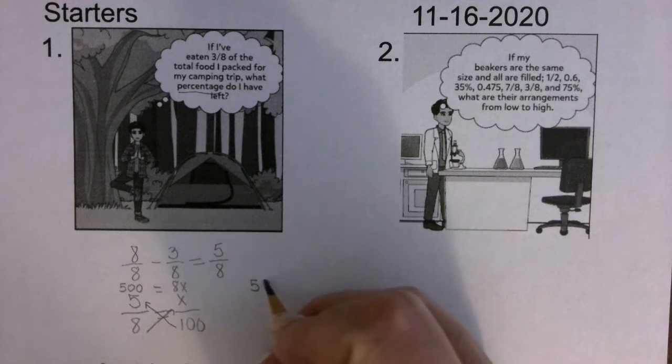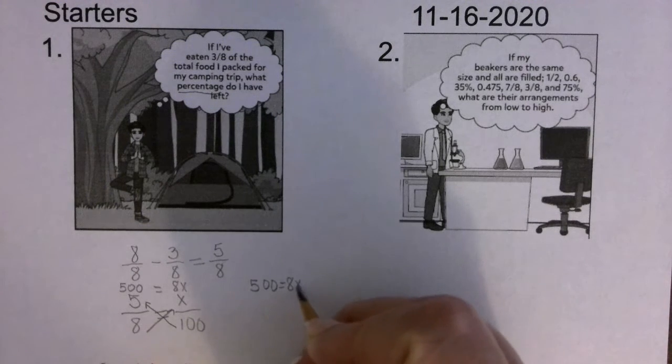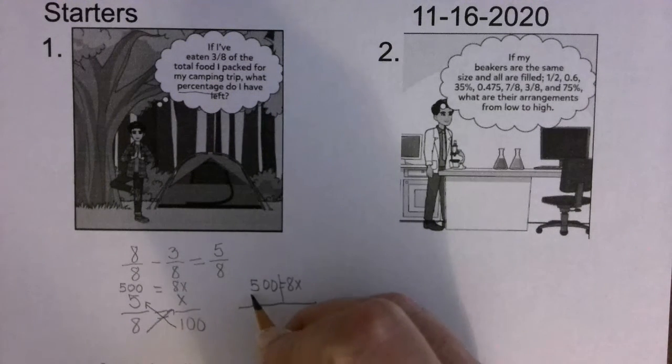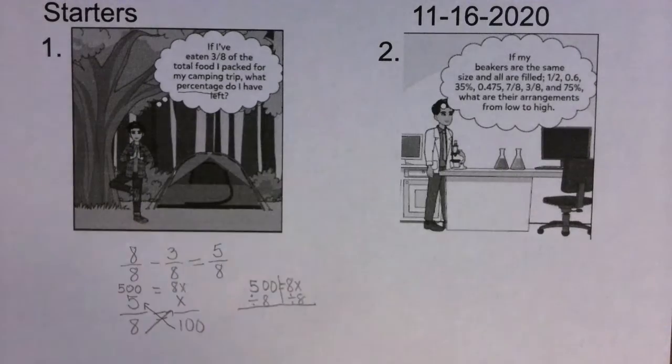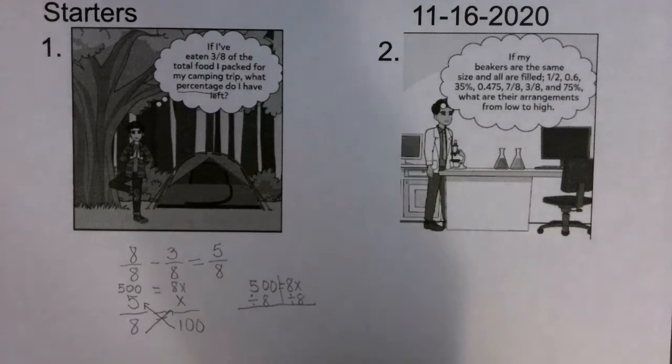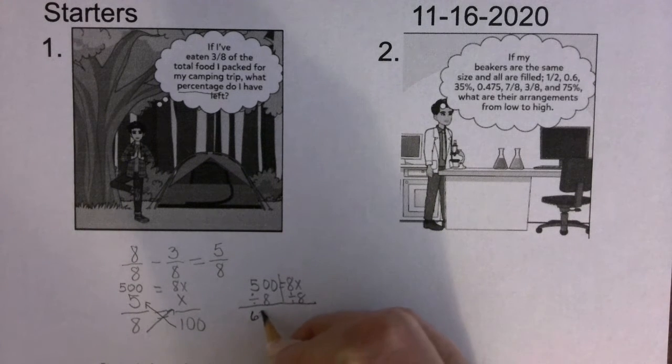We set up that equation, dividing by 8 on both sides so that we can figure out 8 times what equals 500. So we do 500 divided by 8, and that is 62 and 5/10, and that equals our percent.